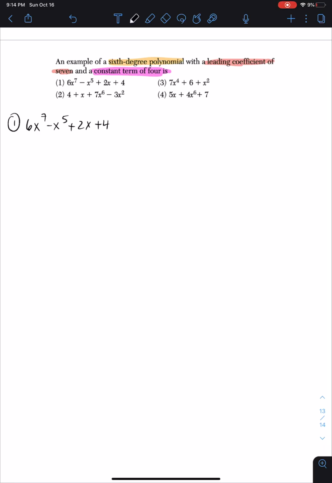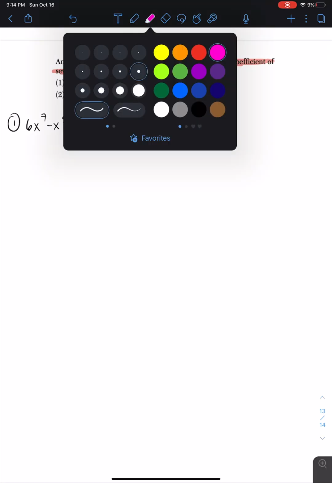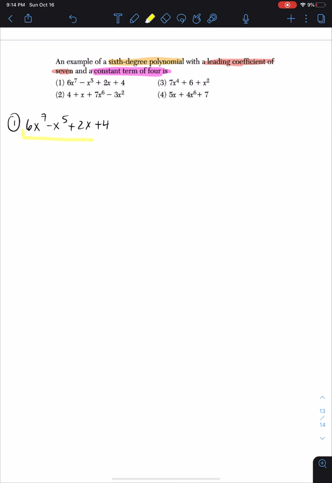This happens to already be in standard form because x to the 7th is the highest degree term, and then we have the 5th, then the 1st, and then our constant.